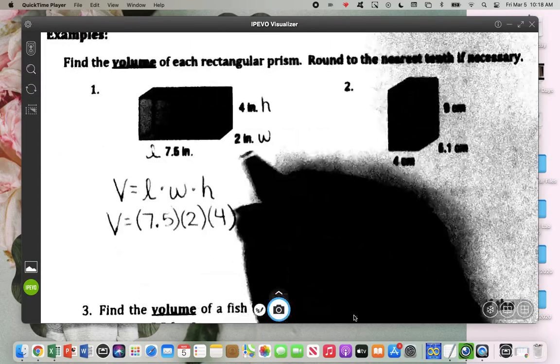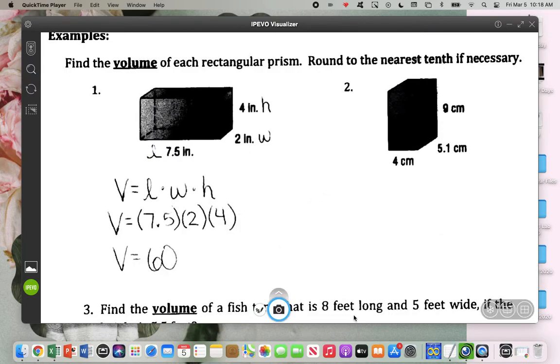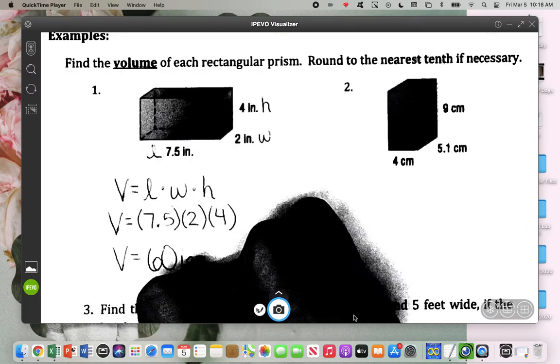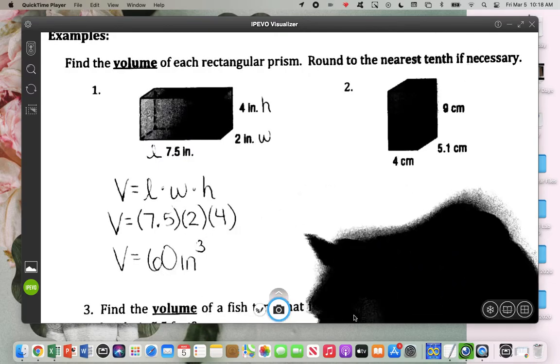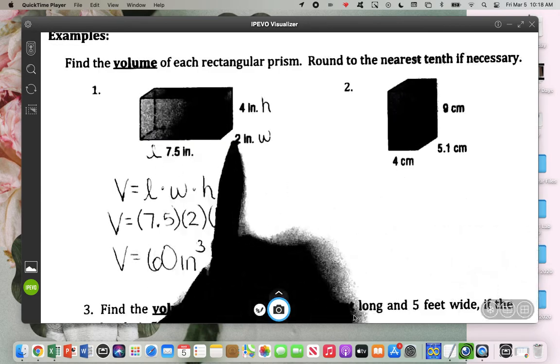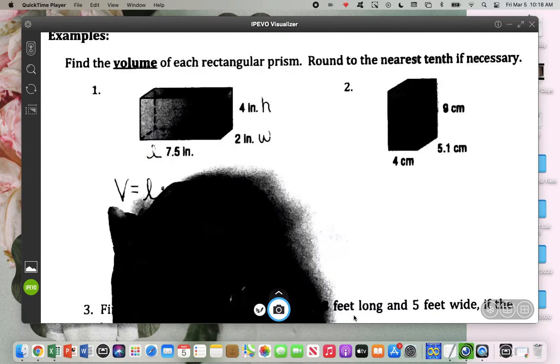So we would write our volume as 60, but we cannot forget our units. So what are we measuring in this time? Inches, and it's inches cubed. And think about this. How many things did we multiply together? 3. Length, width, height. That can also help you remember: if you multiply 3 things, it's going to be inches cubed.